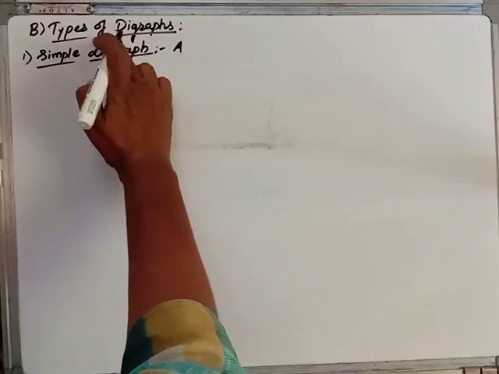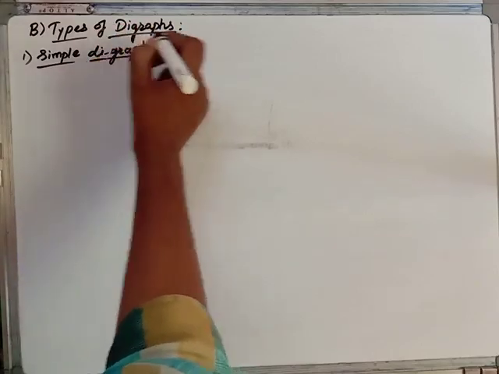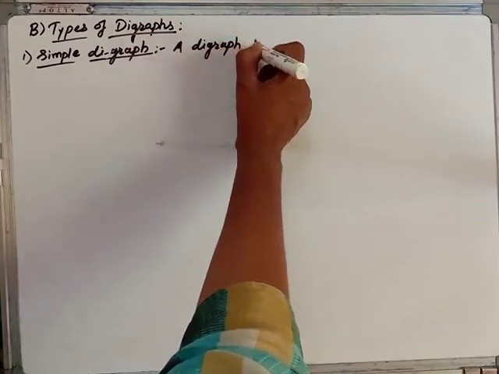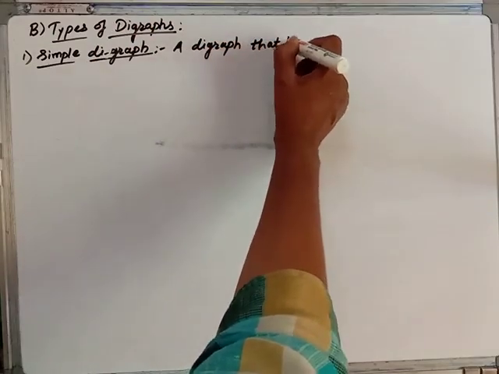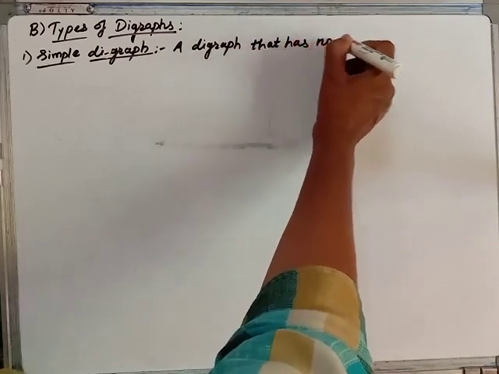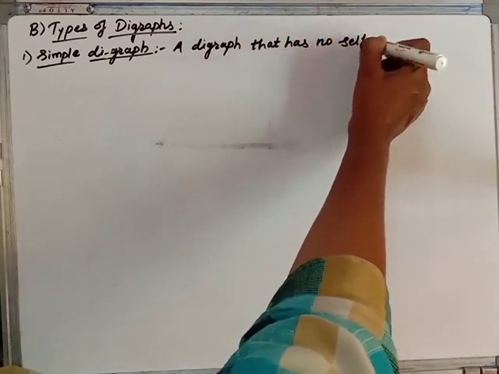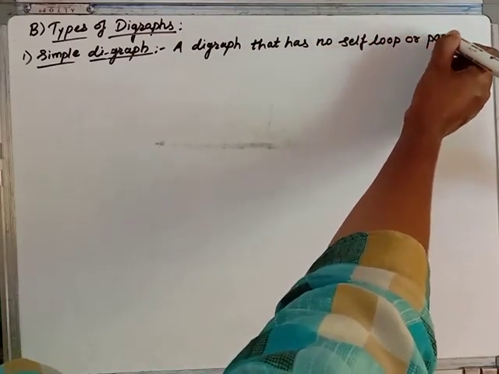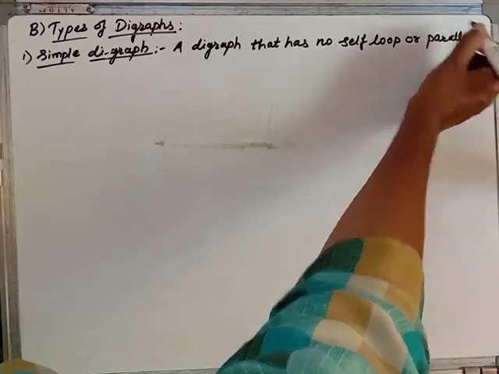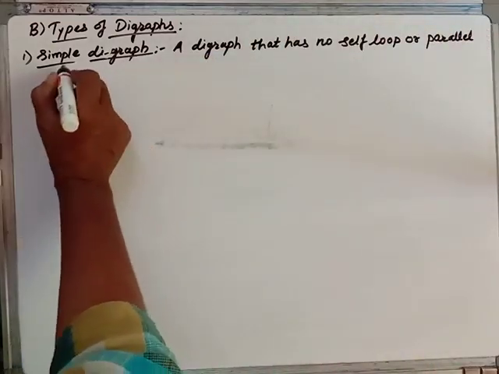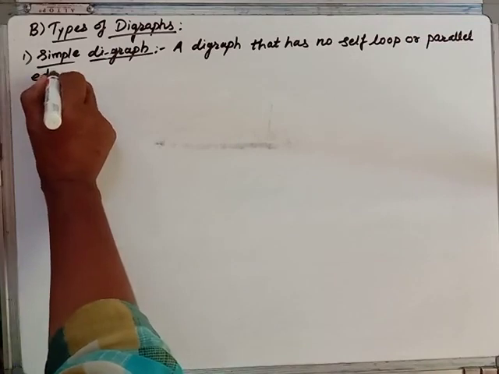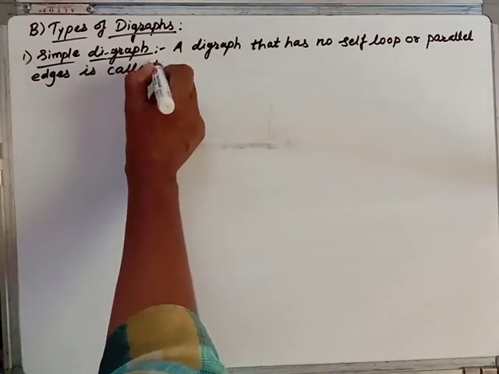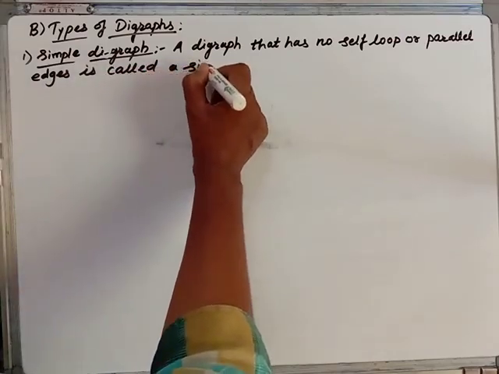A digraph that has no self loop or parallel edges is called a simple digraph.